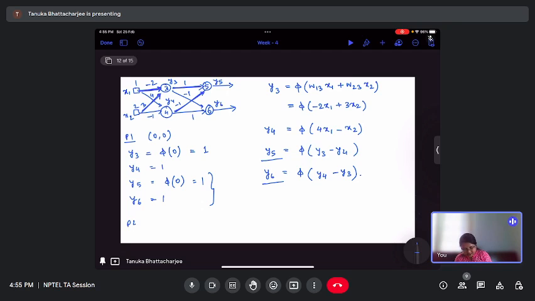Now, if we take the second point 0 1, then what will be the case?